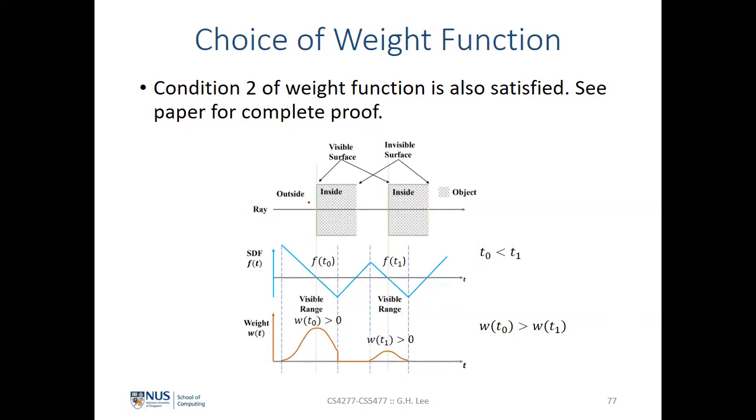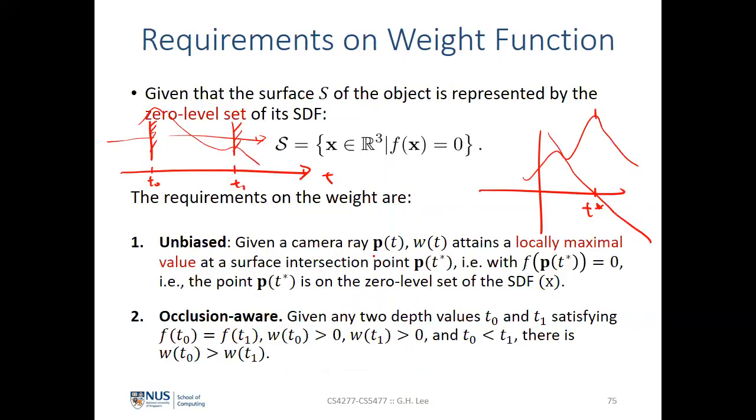When you are looking along this ray, you hit this one first. And if you imagine that this object is not there, you hit the other surface. So both this SDF value and this SDF value would be equal to each other, which means I'm looking at this condition here, where this is satisfied and this is also satisfied.